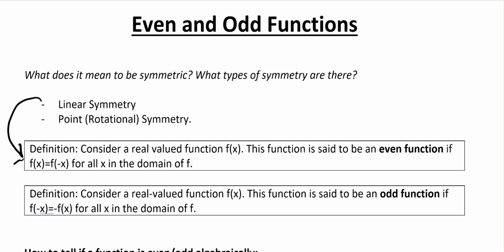An odd function is a real valued function where f of negative x is equal to negative f of x for all x in the domain of f. And this is an example of point symmetry. You're going to have two different approaches to thinking about even and odd functions. You can either think about them algebraically, or you can think about them graphically.